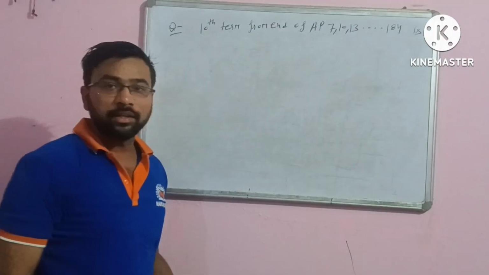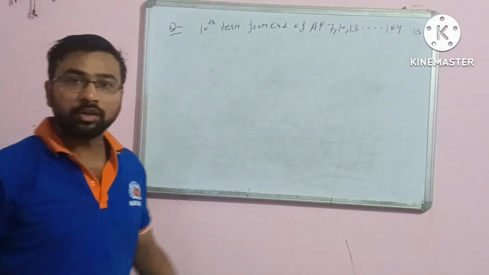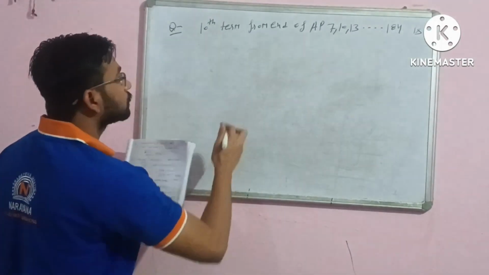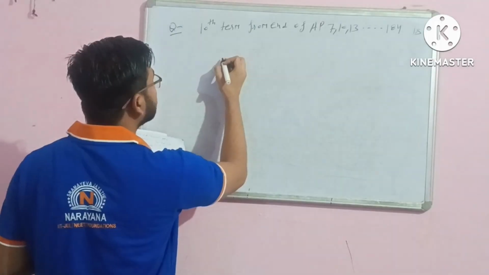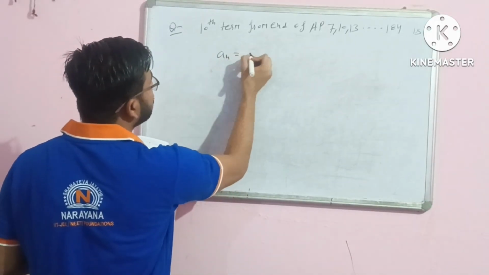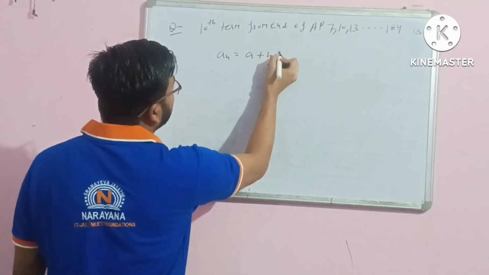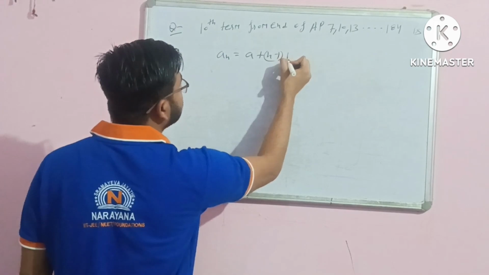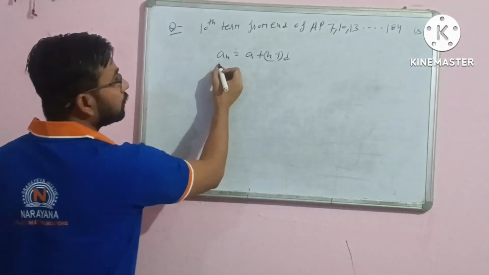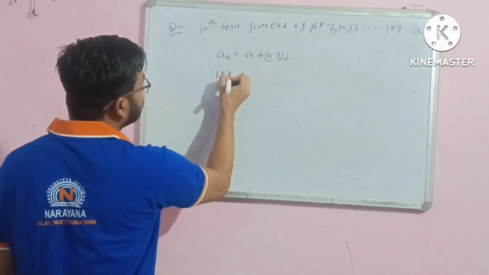So we have to find out the 10th term from the end of this AP. So apply this formula: an is equal to a plus (n minus 1) d. What is an? 184.